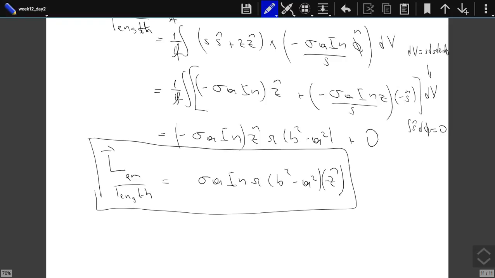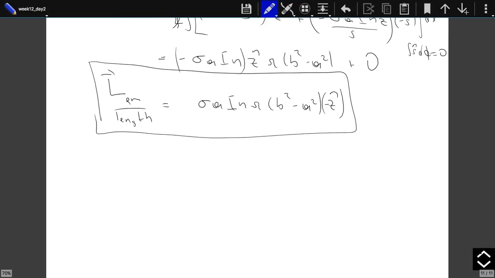Say we increase the current, then something should rotate in the opposite direction. Let's see, I will cut the current. Okay.